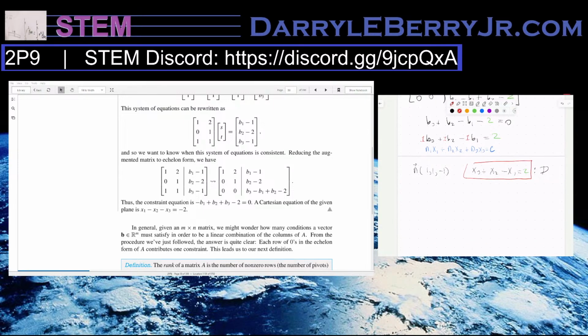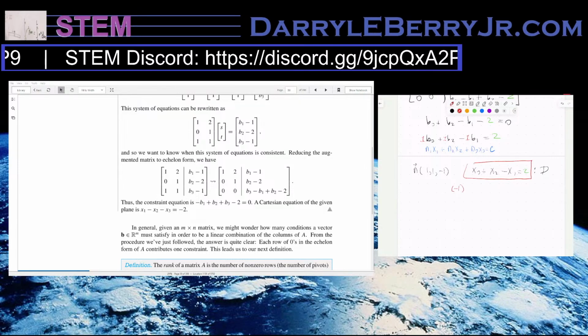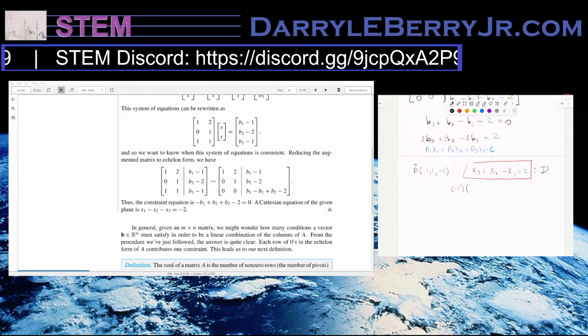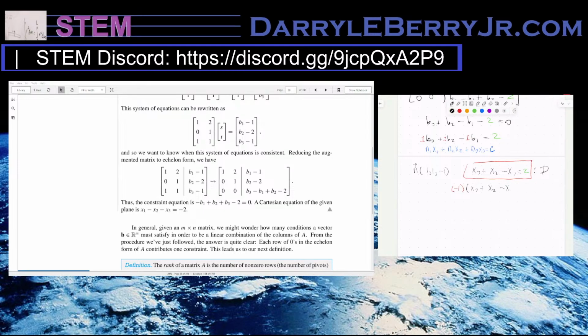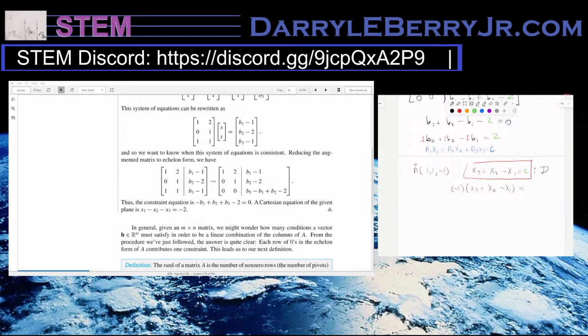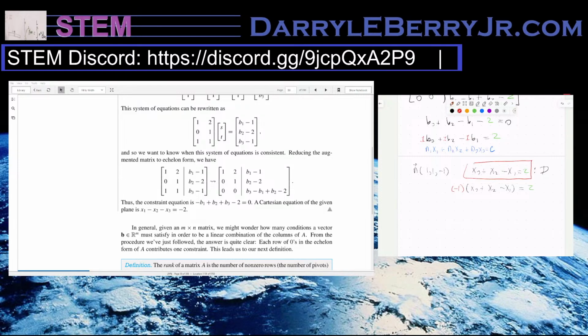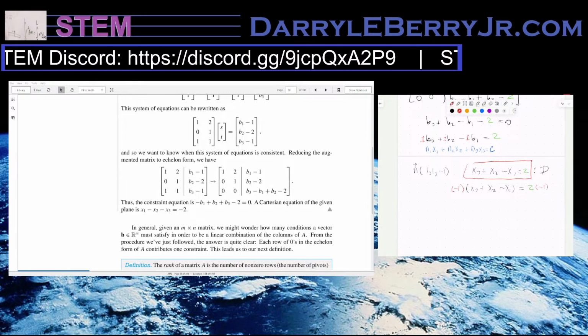So if I take this whole thing and multiply by -1, and I say -1 times x3 plus x2 minus x1 equals 2 also times -1, then I get the exact answer the book got.